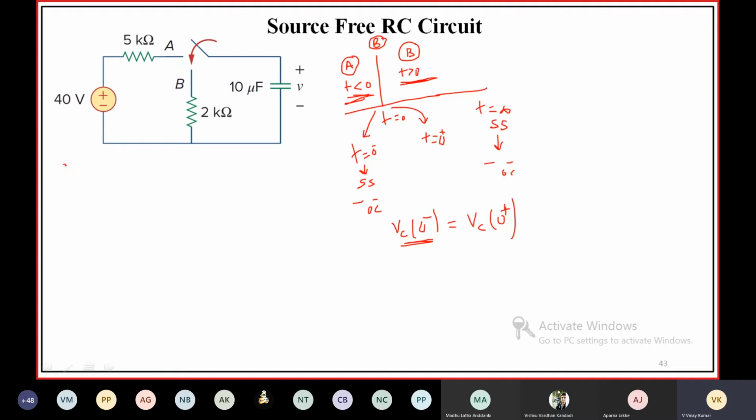Okay, so let us find initial value Vc of 0 minus. So at t is equal to 0 minus, what will be the circuit? Voltage source 40 volts, 5 kilo ohms. It is in position A, right? This will be the circuit.